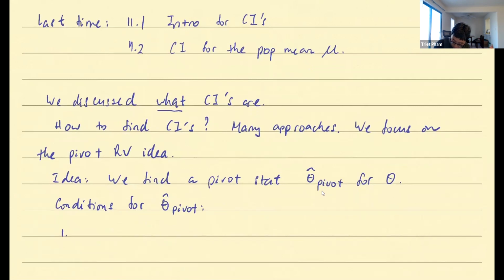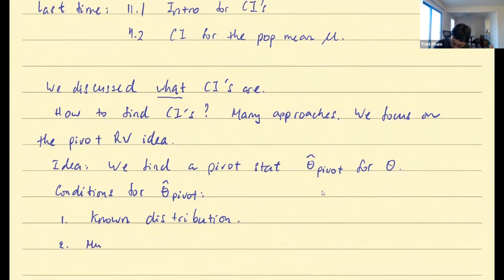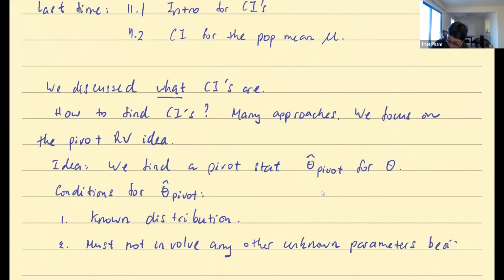One, it must have a known distribution, because if you don't know the distribution, then how can you form a confidence interval? Two, it must not involve any other unknown parameters besides theta.